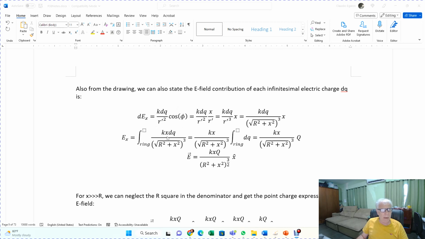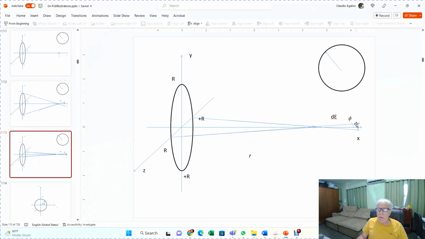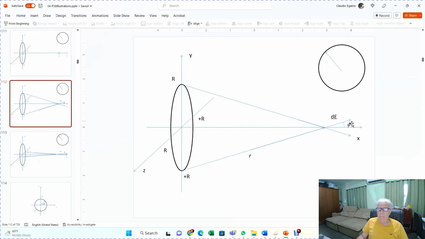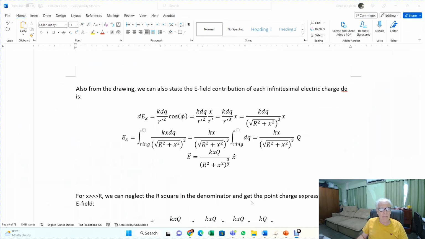I am calling prime the distance from each infinitesimal charge element, times the cosine of phi. So the projection of this field here is the one that we should worry about. That's why I put the cosine of phi here.